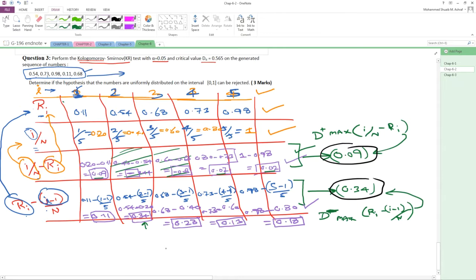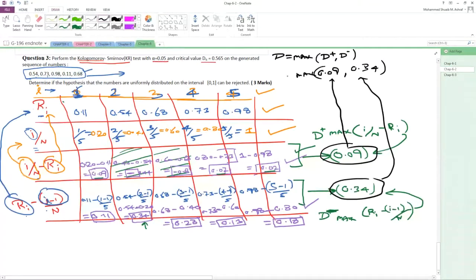Now what you have to do: D equal to max of D plus and D minus. So D plus is 0.09 and D minus is 0.34.